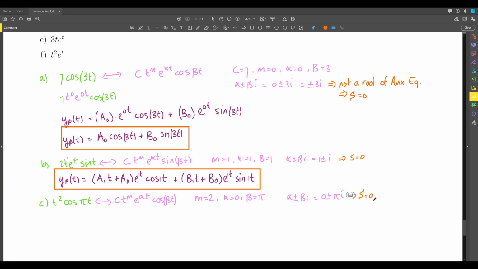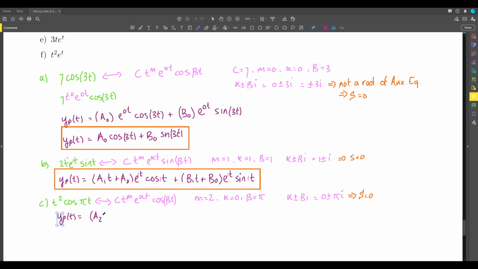We don't have to multiply by a power of t in our particular solution. So what does our particular solution look like? Yp of t. Well, m is 2, so we have to have a general polynomial of degree 2.